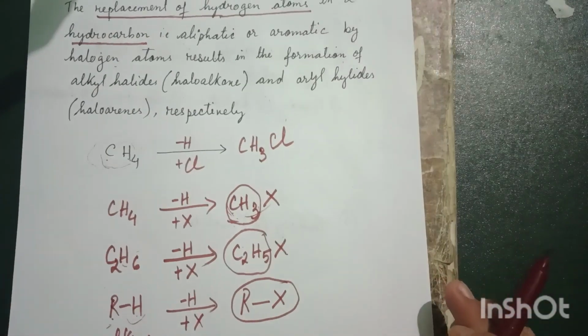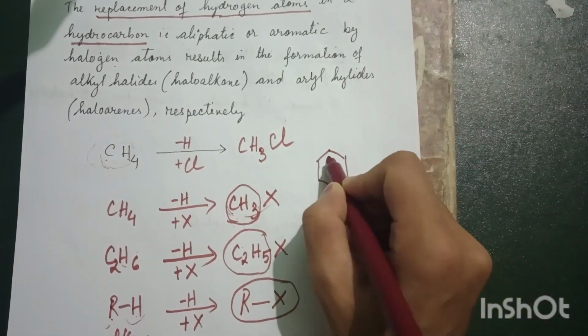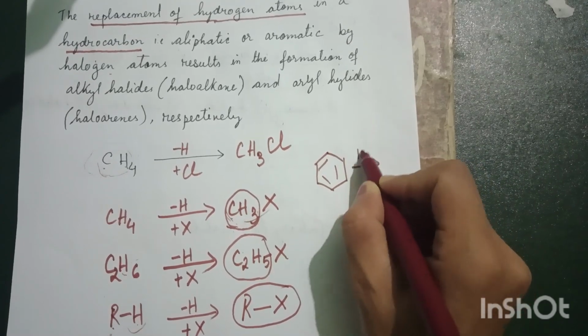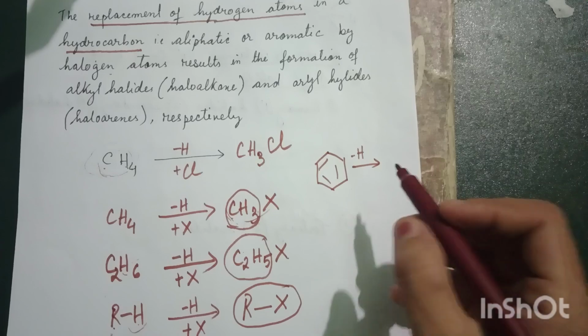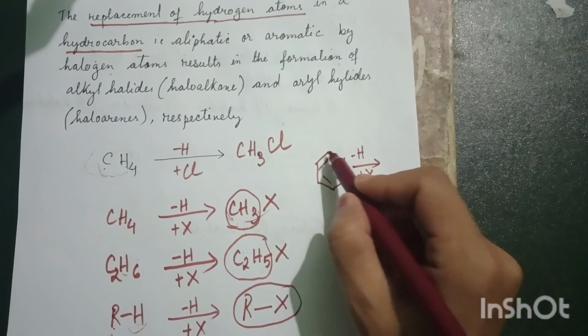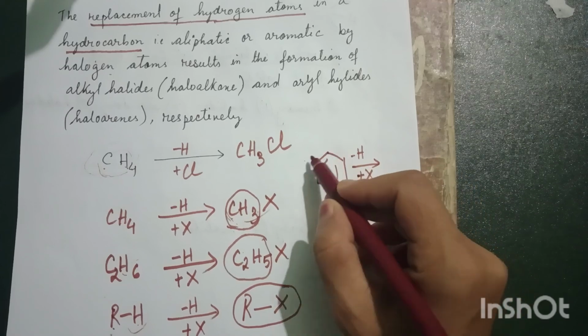Now when we talk about arenes, we have the benzene ring. Let us replace one of the hydrogens by any X group. Remember that there is a hydrogen on each carbon.